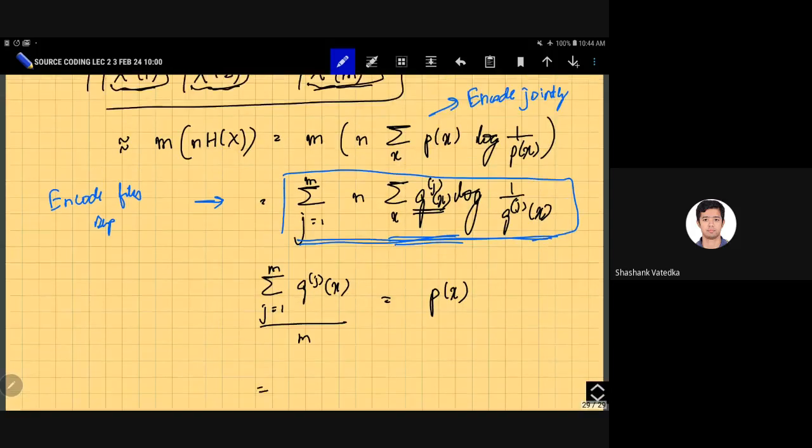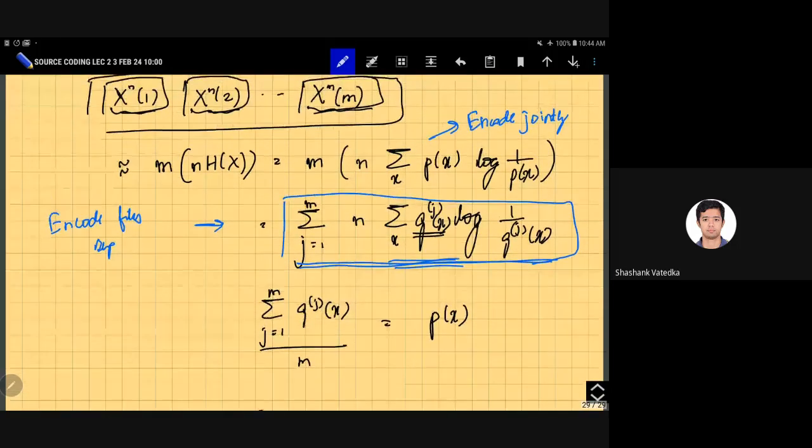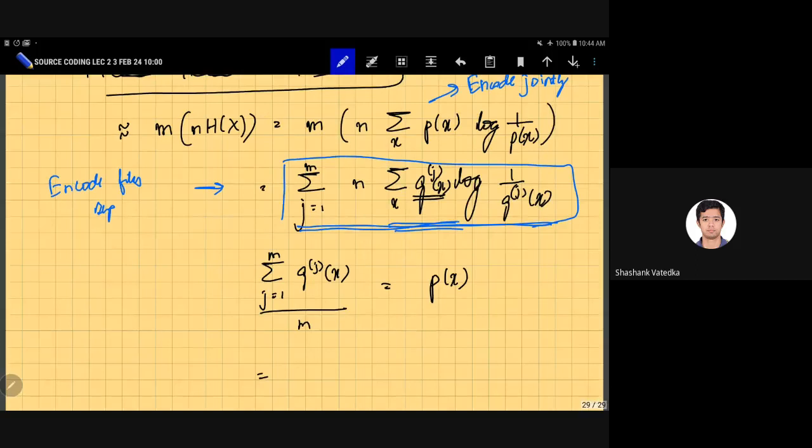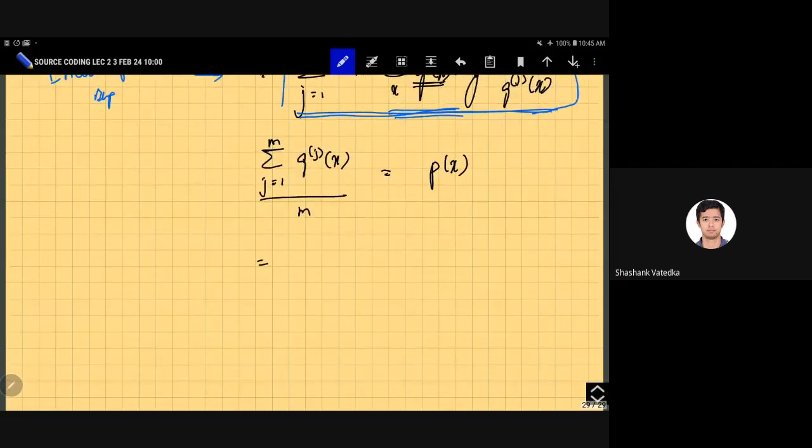So let me see. It could potentially be smaller. So let us say that we knew, suppose that someone gave us p, and we choose our sequences based on p.